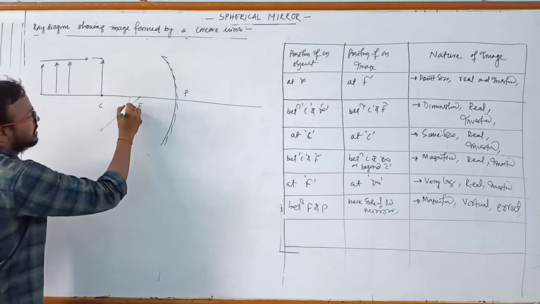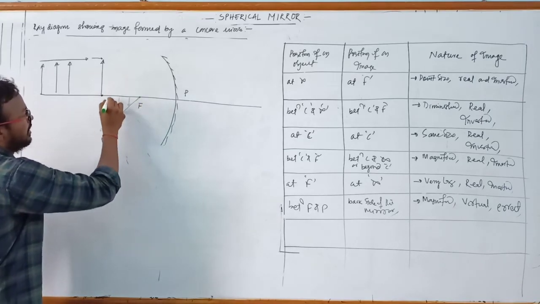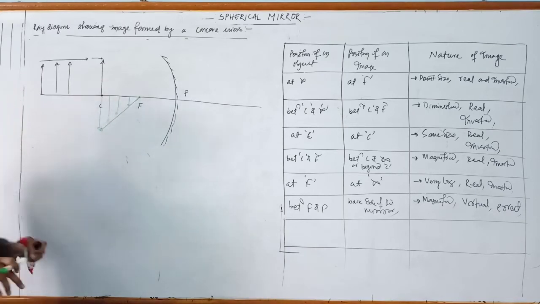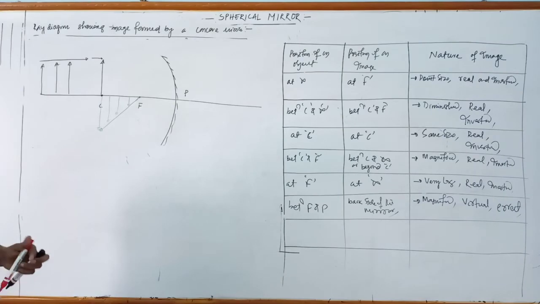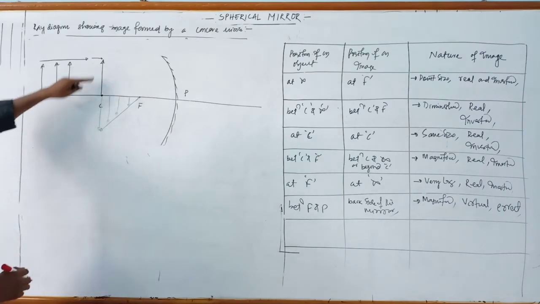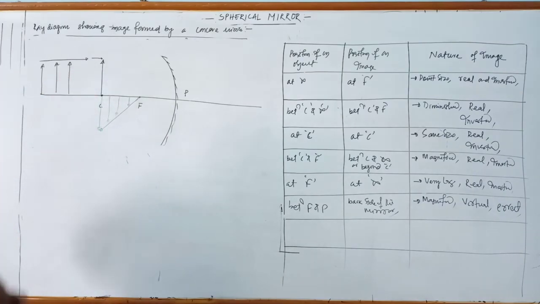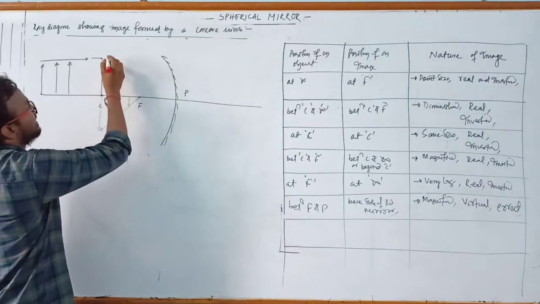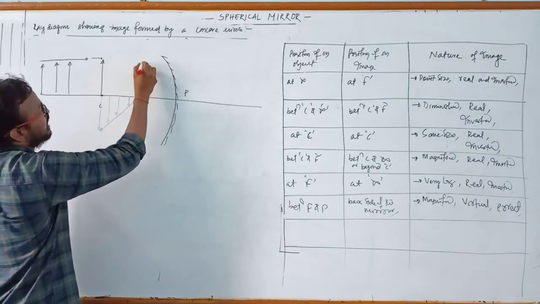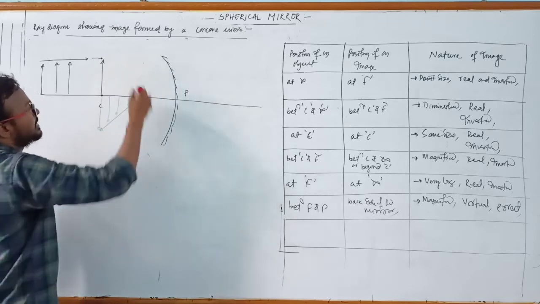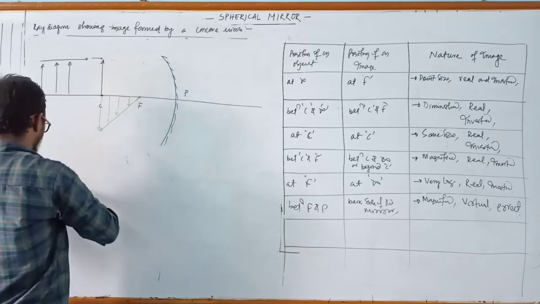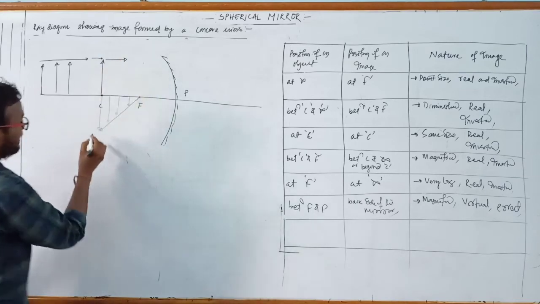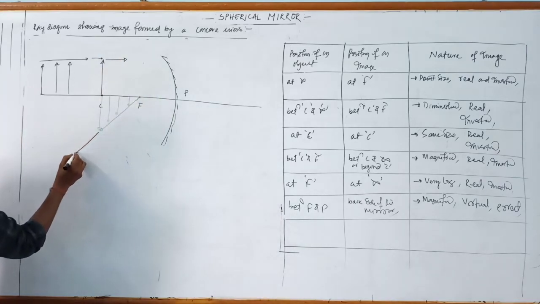That means the image size increases, and the image is the same size as the object when the object is at the center of curvature. Now if the object is in between C and F, because this point is the F point, then the image also increases in this direction.